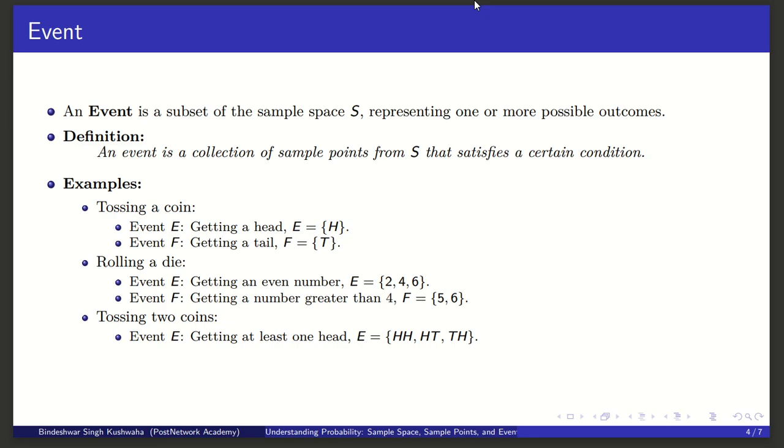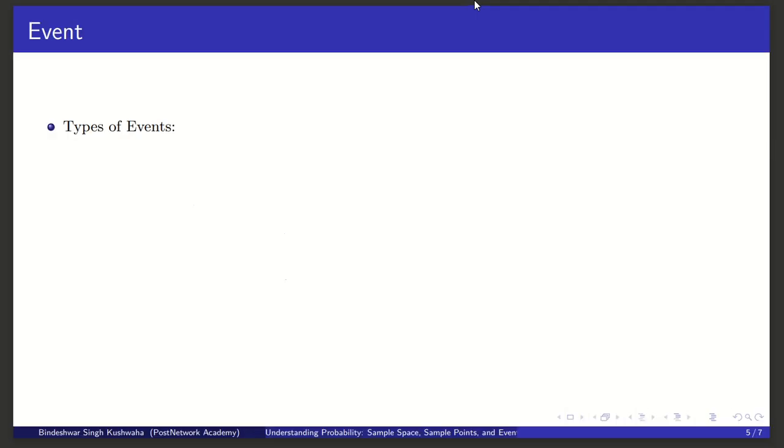So that is an event. Getting two tails. This is the sample point satisfying this event.